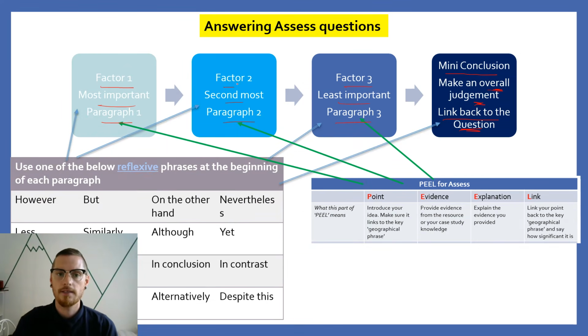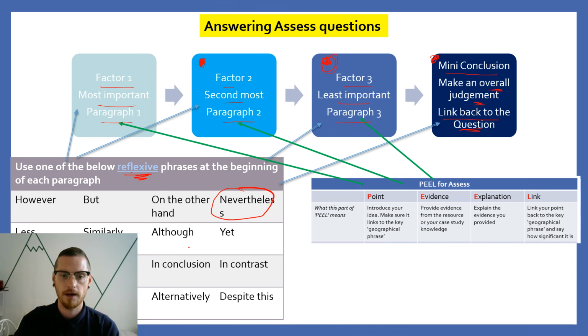And what I would ask you to do is at the beginning of each paragraph, you use a reflexive phrase. Okay, so it shows the examiner that you're weighing up different factors. So, for example, after I've done factor 1, my first paragraph, I might start factor 2 with nevertheless, to show the examiner I'm starting a new idea and I'm weighing it up versus the previous.